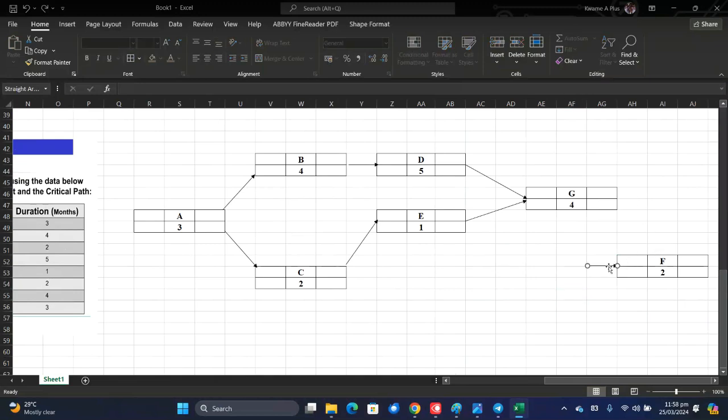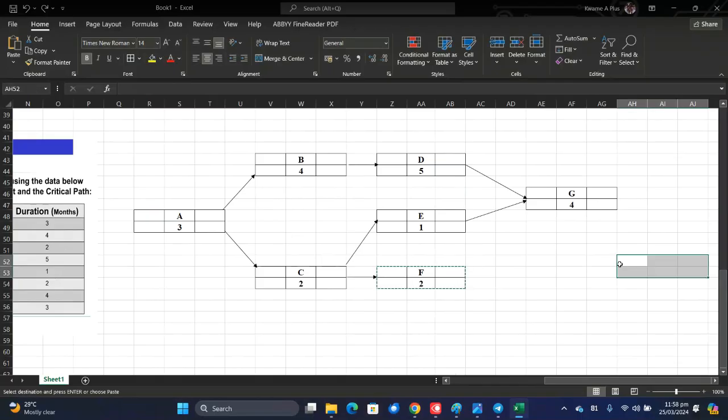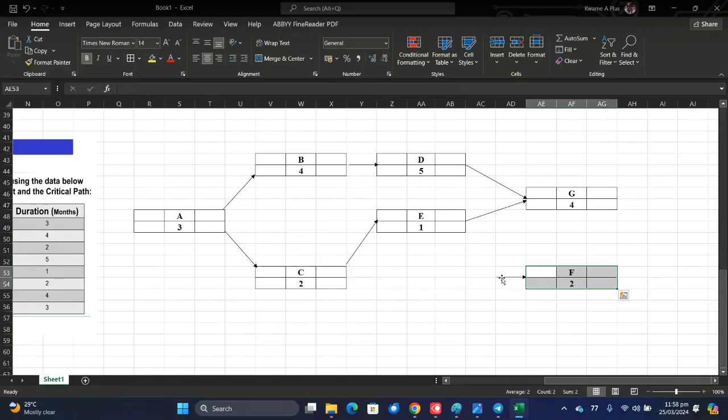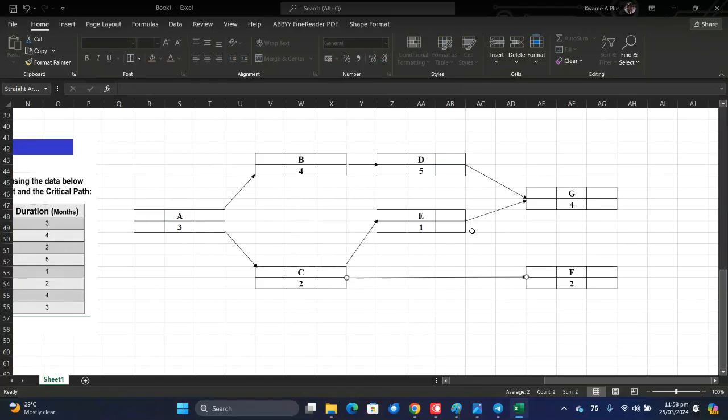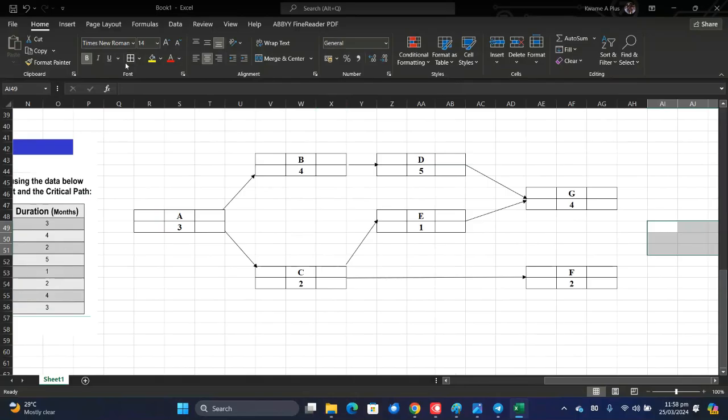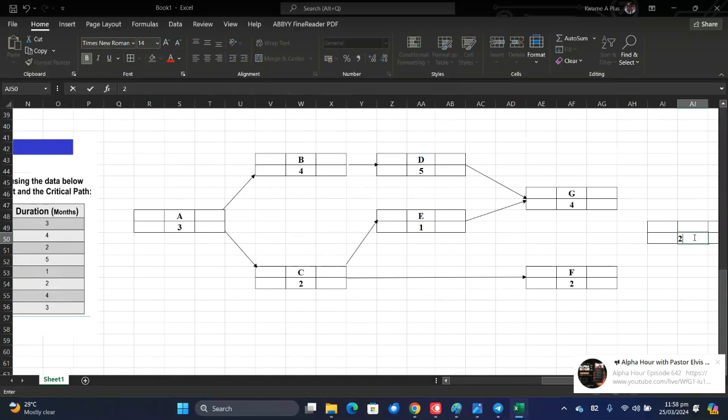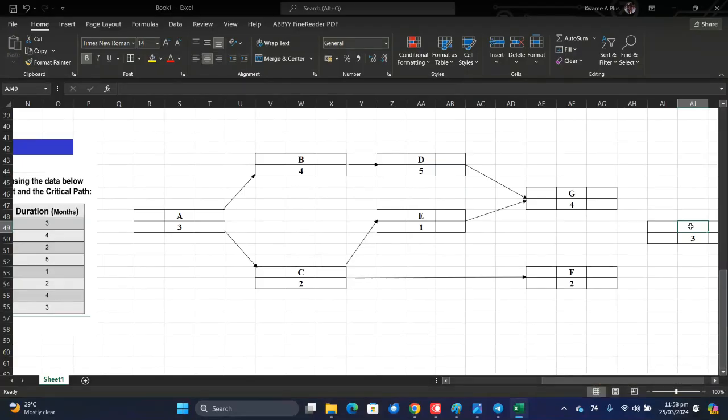Let me just put it back a little bit. Put it right here. This will be better. FJ precedes what? H. So let me just put this one here. That is E. FJ precedes what? H. Okay.